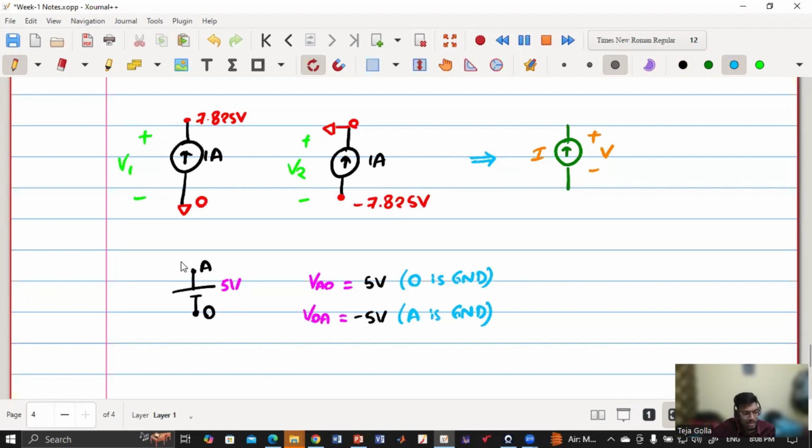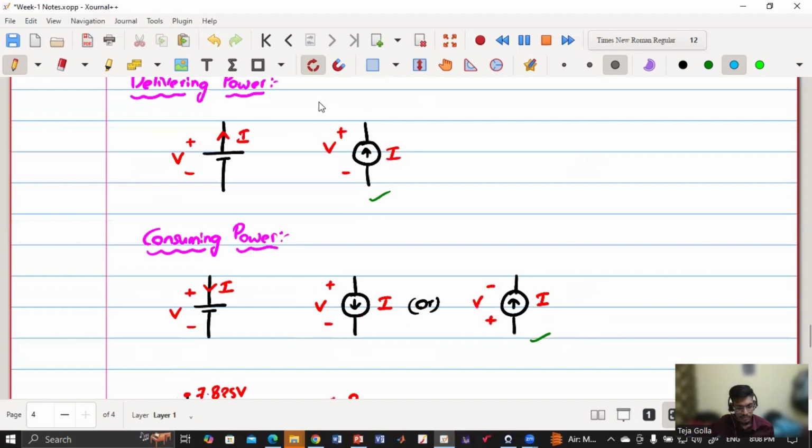In the other case, I am considering A as ground, then the voltage at point O is negative, which is what we are getting here. So if I consider ground at the top, then bottom terminal will be negative. In either of the cases, the top terminal is at a higher potential compared to the bottom terminal. So both of them will fall in this case. Delivering power.